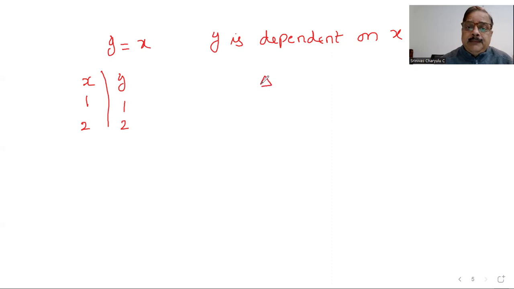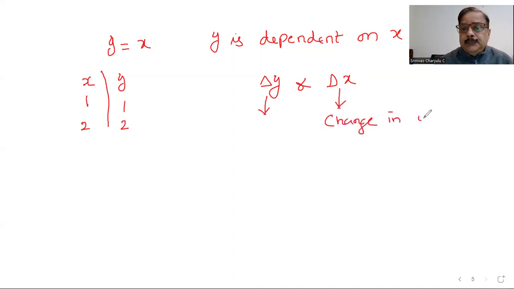So delta y and delta x are the main terms we use. Delta x is called the change in the input or independent variable.